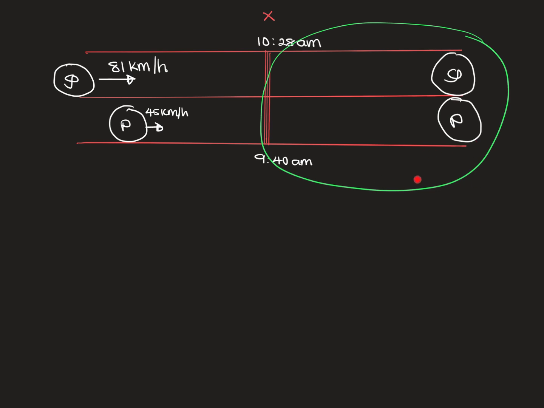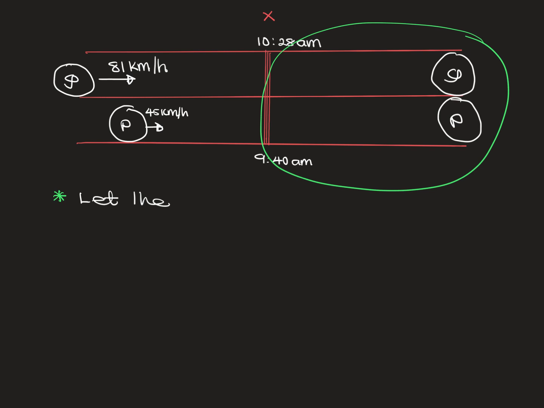If you look at it, they travel equal distances from this reference point, and that will be the basis of our calculation. Whenever you want to calculate the time taken for one body to overtake another, always understand the concept that the distance traveled from a reference point must be equal. Is that clear?